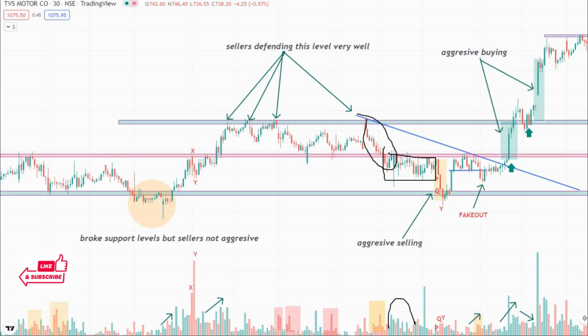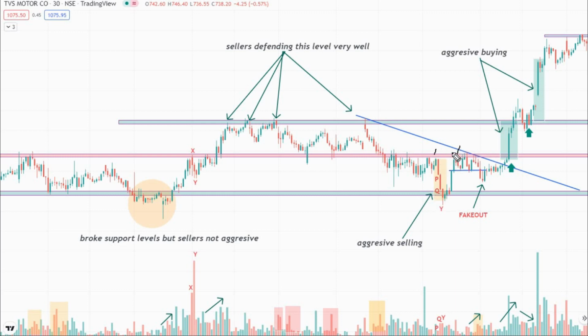So our expectation was that this selling momentum will break this level and continue the downward momentum, but that's not the case here. After the strong selling momentum, there is no follow through selling, and buyers, after defending this level, again push the prices aggressively towards the upside with an increase in volume, and all this selling pressure got absorbed here.